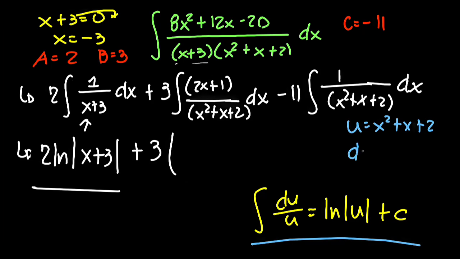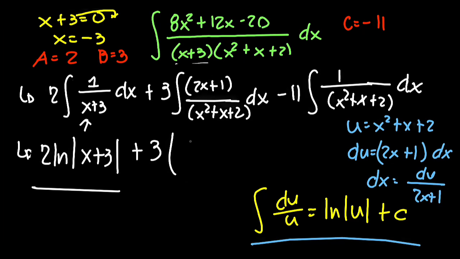And the derivative of this would be equal to 2x plus 1, multiplied by dx. Isolating dx, it would be equal to du over 2x plus 1. Substituting that, it would be 2x plus 1 all over u, and dx right here would be equal to du over 2x plus 1.